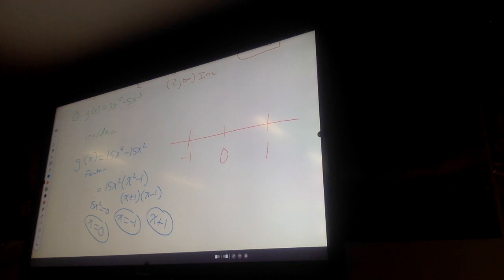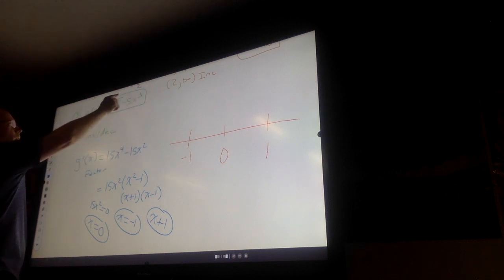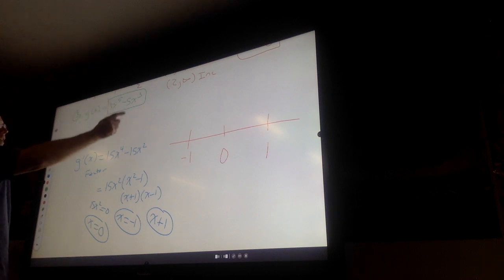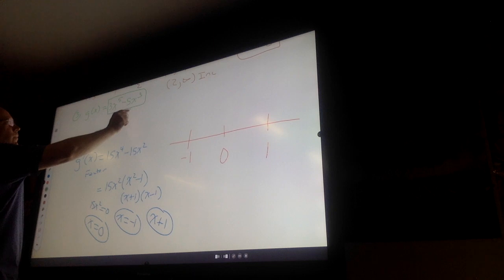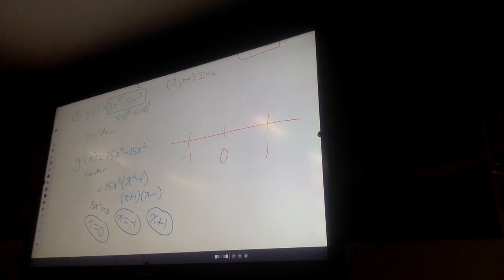I can do one of two things. I could plug a value into my original, and it can tell us something. Sometimes an easier way to do it, well, let's do it this way. Let's take negative 2 and plug it in.